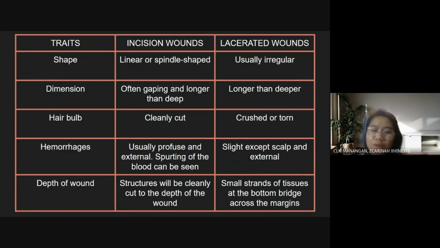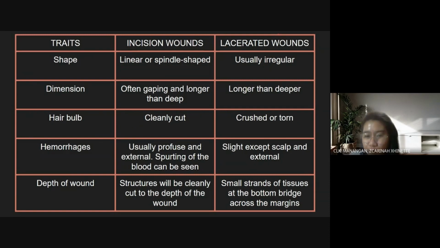For hemorrhage, in incision wounds it is usually profuse and can be seen externally, with spurting of blood. While in lacerated wounds, it is slightly seen, except for the scalp.